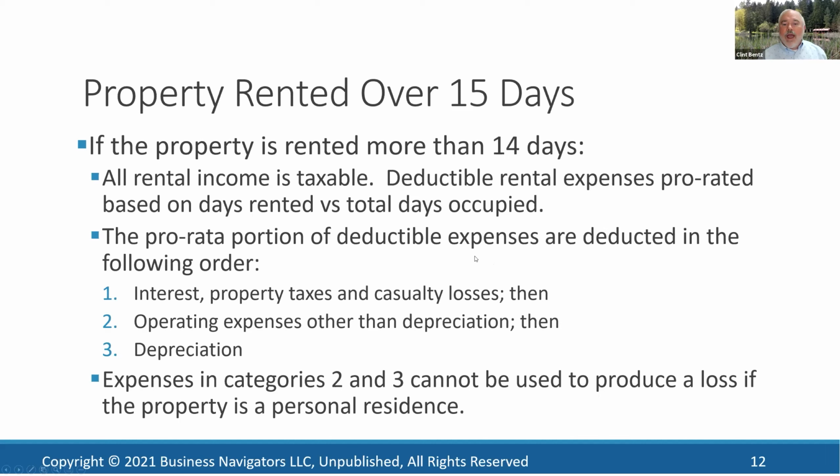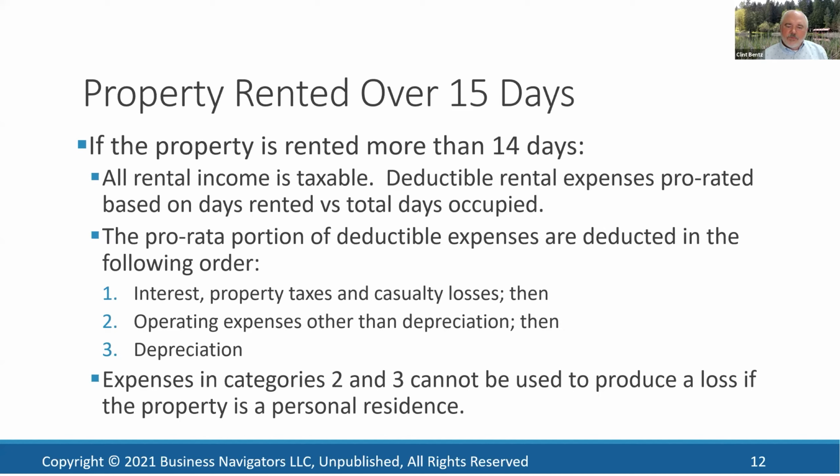The pro rata portion of the rental expenses based on the time it was rented out to others, you can deduct against your income in the following order. First, you deduct the interest, the property taxes, and the casualty losses, again 3/4 of those things. Then you deduct all your operating expenses other than depreciation, and then finally the depreciation.